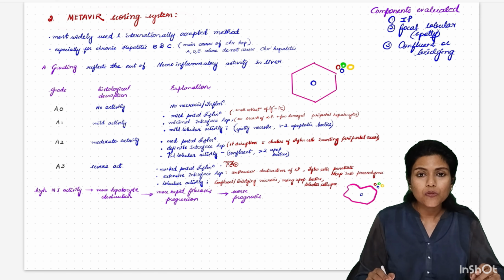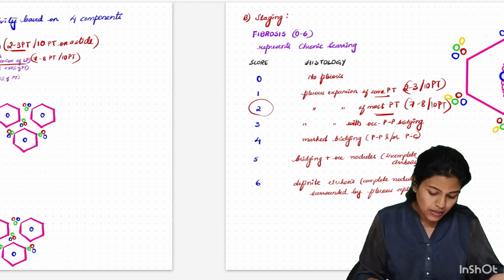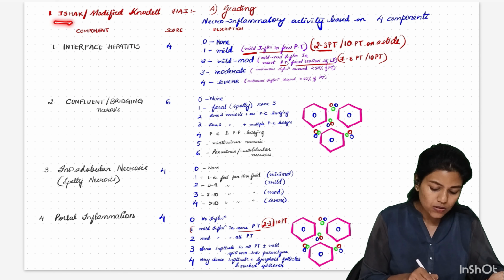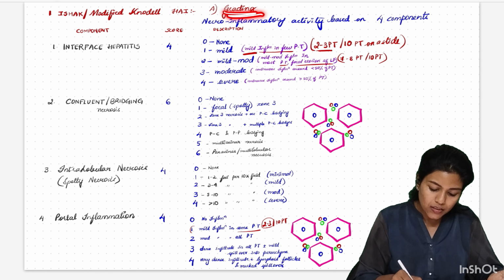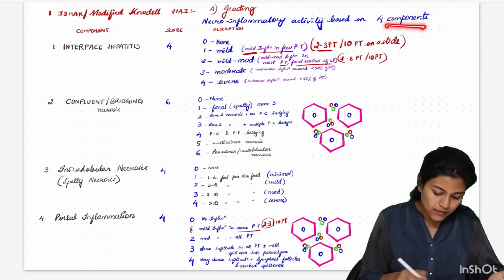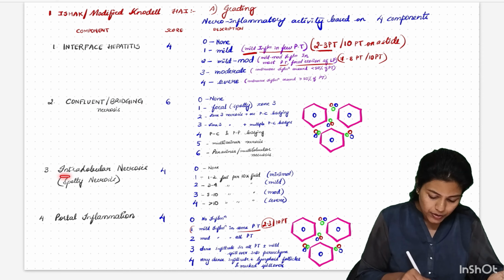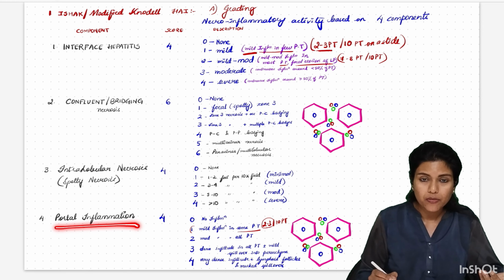So these are the two scoring or staging and grading systems for chronic viral hepatitis. We have dealt with the ISHAK, or the Modified Knodell Histological Activity Index, which shows grading reflective of necroinflammatory activity based on four components: interface hepatitis, confluent or bridging necrosis, intralobular necrosis, and portal inflammation.